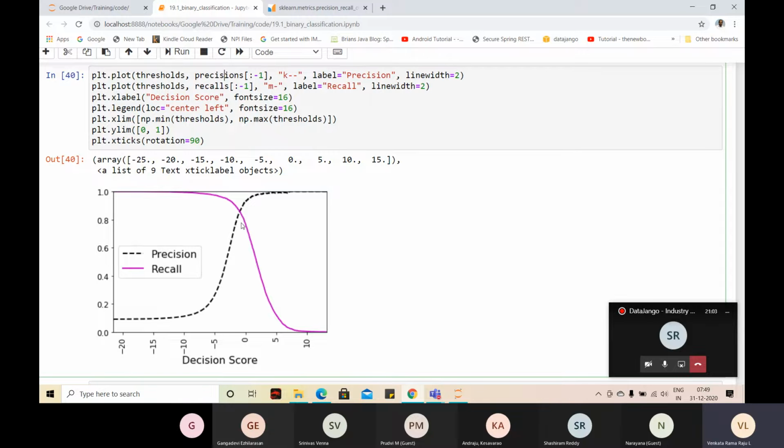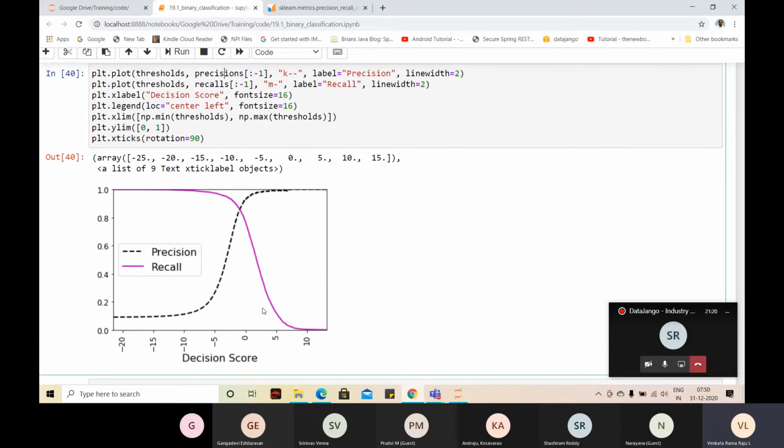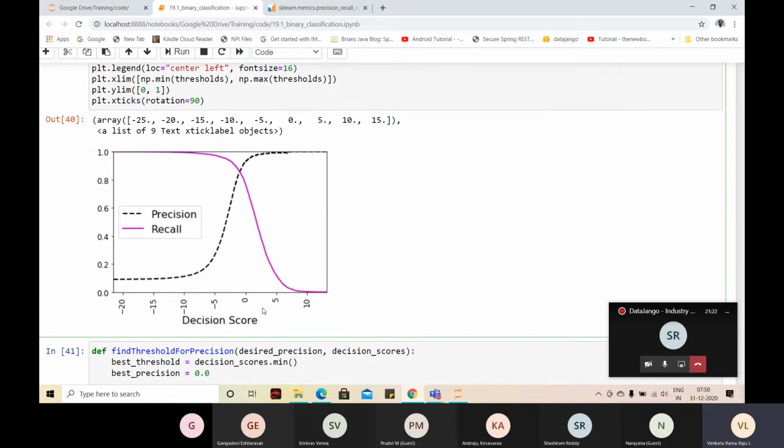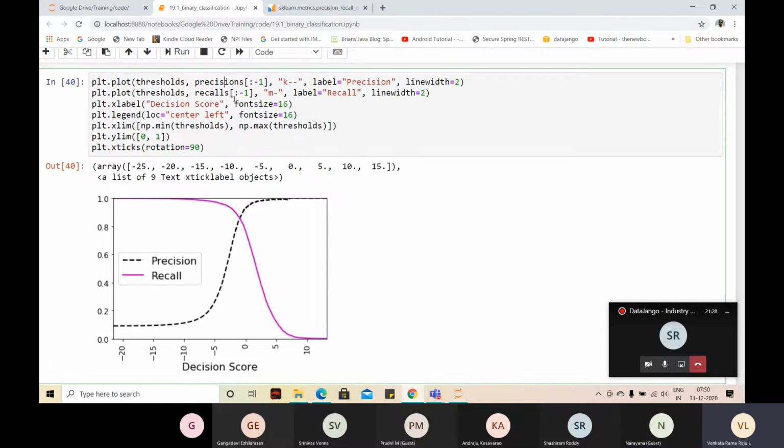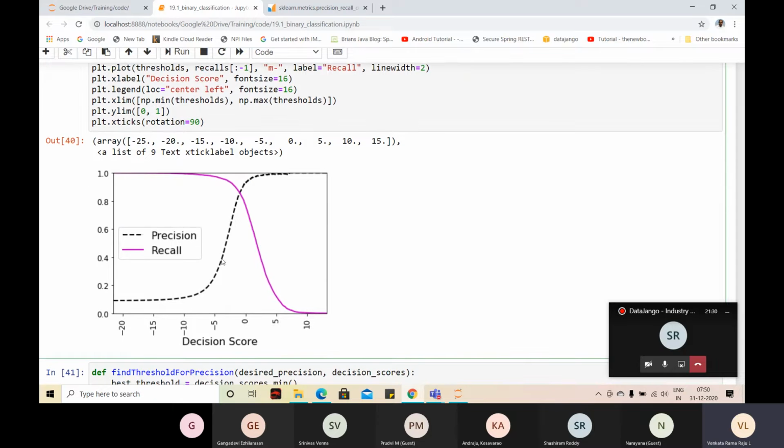But if you want 95% precision and maybe 60% recall, or 60% precision and 90% recall, you can choose a threshold somewhere here. By looking at this graph, you get a high-level picture of where to choose the threshold. This was a question yesterday. The precision recall curve gives you clarity on where to choose the threshold.